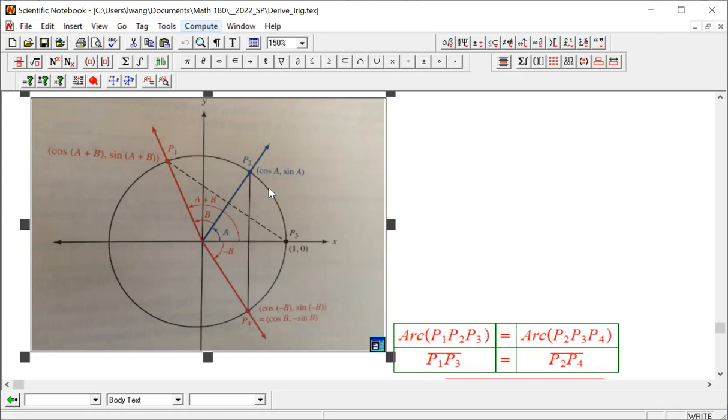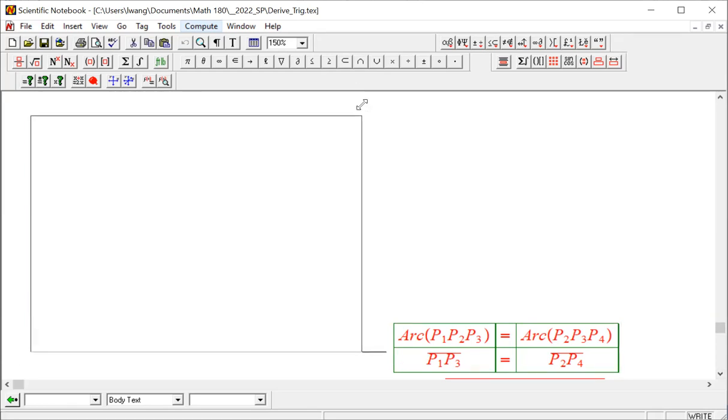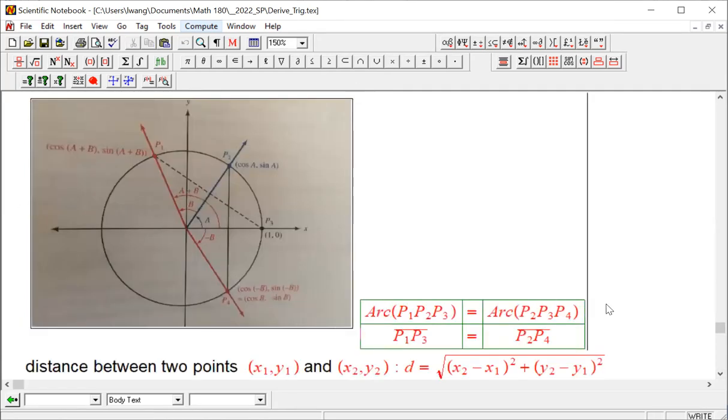Let's look at the points marked, starting with P3. P3 is on the positive direction of the x-axis, where it crosses the unit circle. Let me see if I can mark the points.